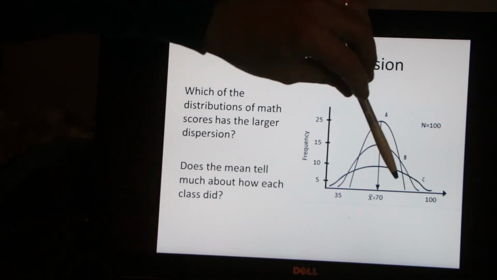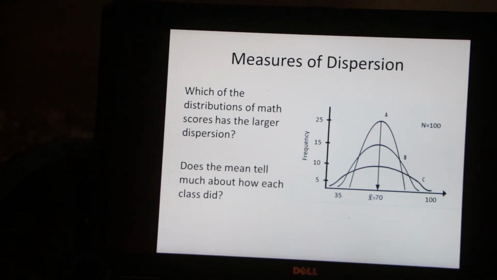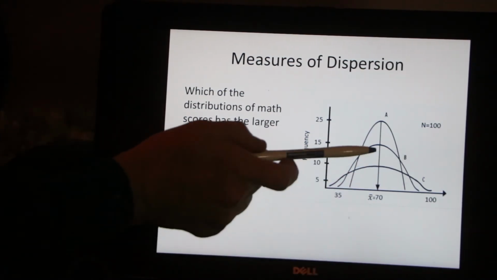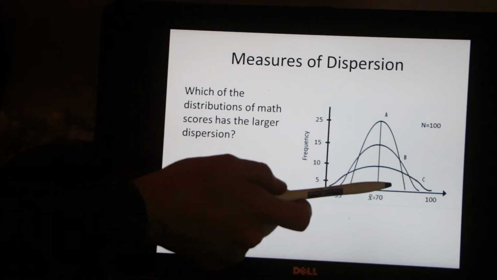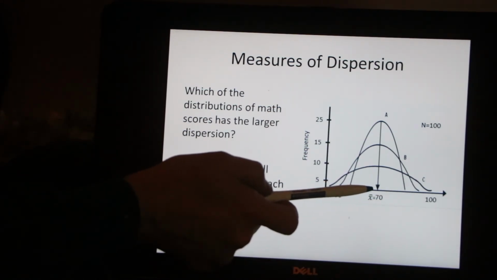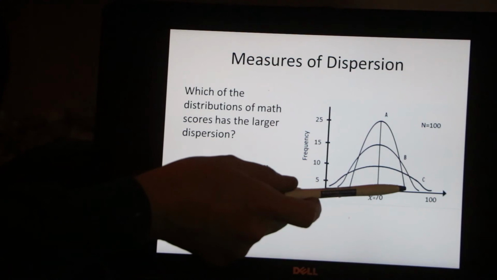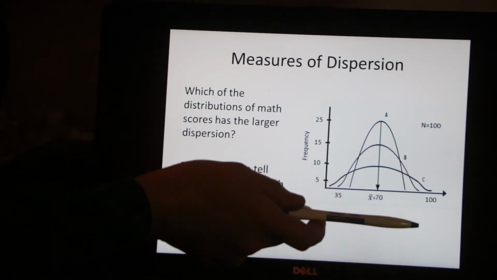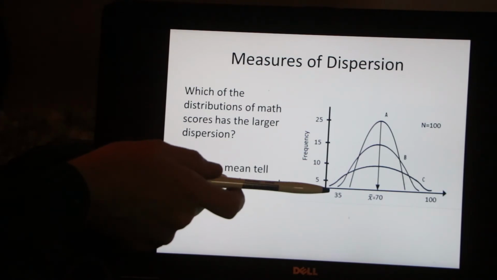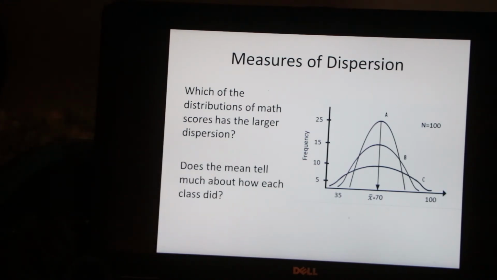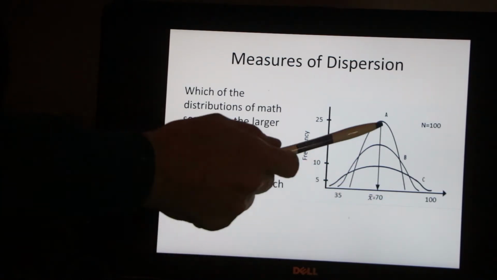We have people who are really getting grades all along the spectrum, that would be class C, whereas class A, they're much closer to the mean. We don't have anybody in class A who actually got 100. You see? Nor do we have anybody in class A who got a 35. They're much more around the mean.